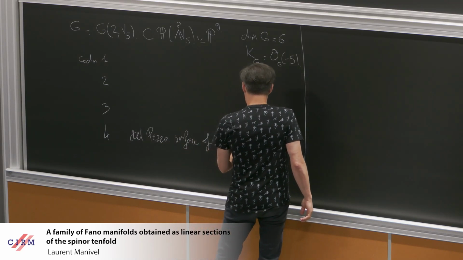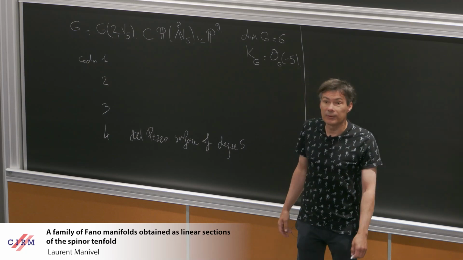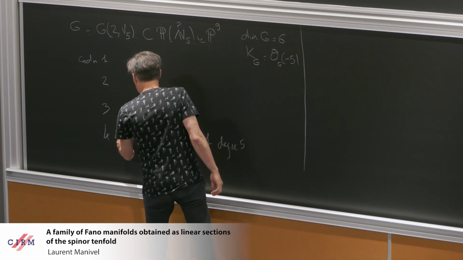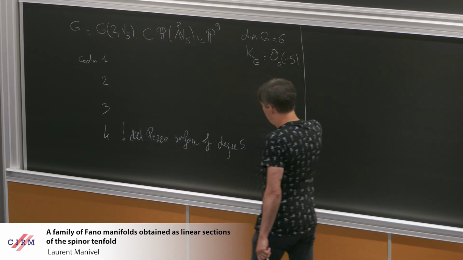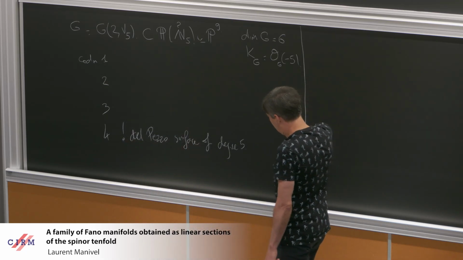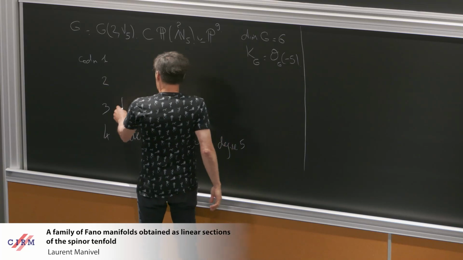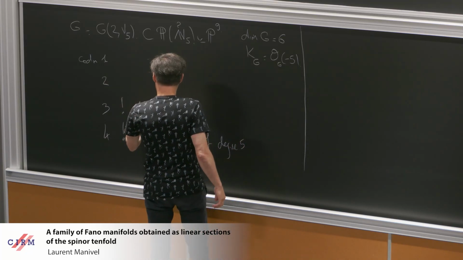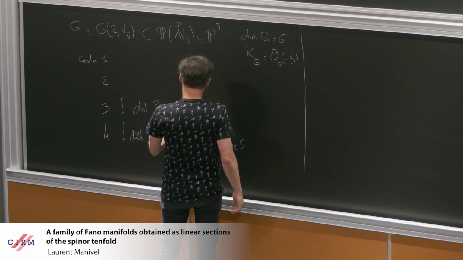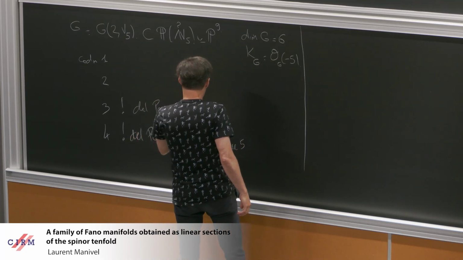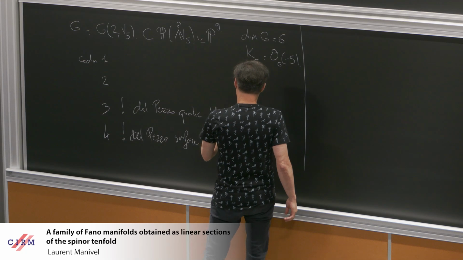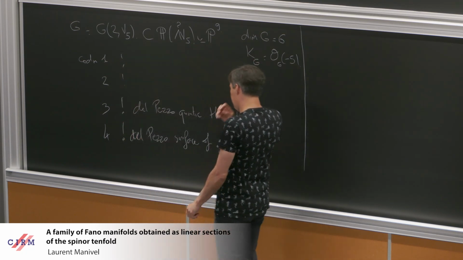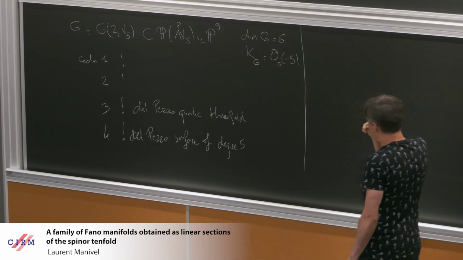And you know that there is a unique such surface if it's smooth. So maybe contrary to your expectation, you get a unique del Pezzo surface. And the same property is true for the other cases. You get a unique Fano threefold, a del Pezzo quintic threefold. And this is again true in codimension 1 and 2.